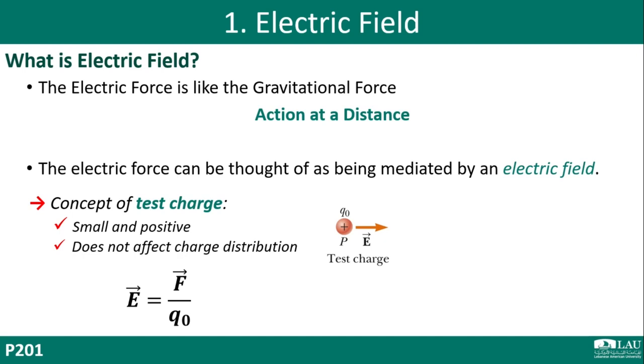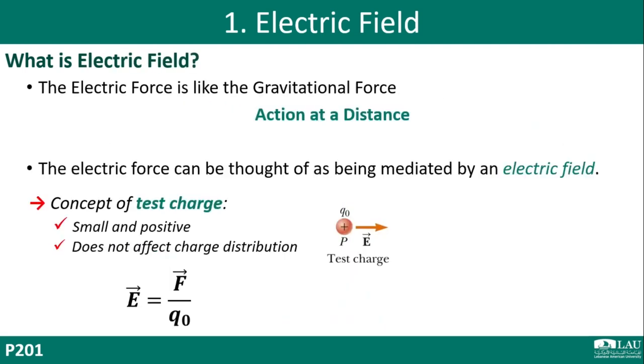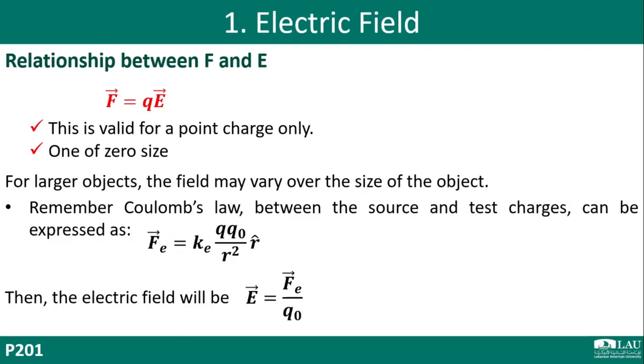Similar to the relationship between gravity force and the mass of the object, we have a relationship between the electric field, the electrostatic force, and the test charge Q0. So F equals Q0 times E. As you can see, F is a vector, E is a vector. Do we know anything about the direction of these two vectors? Do they have the same direction?